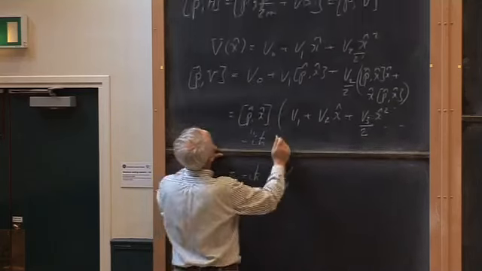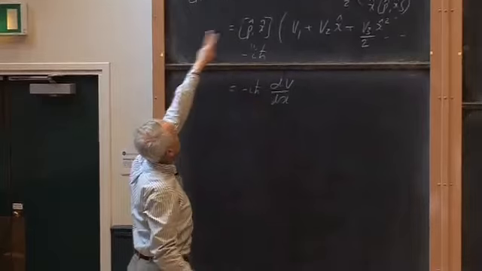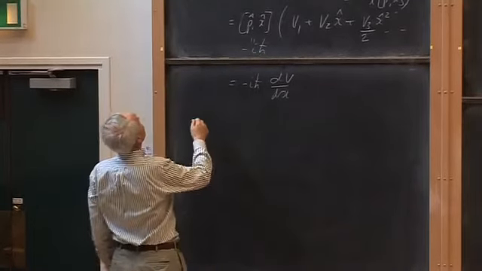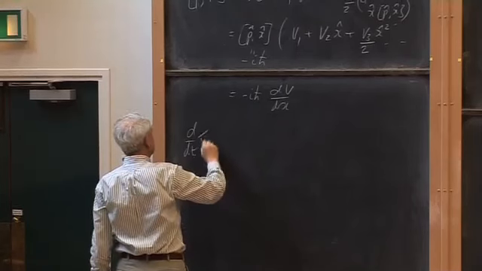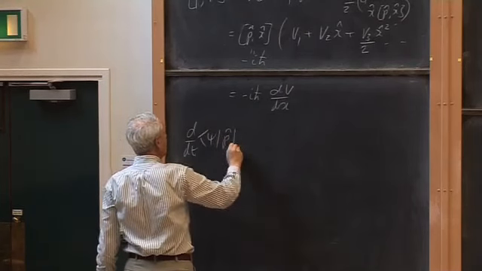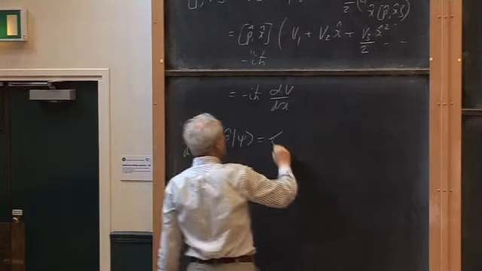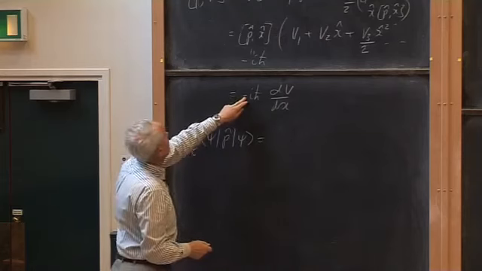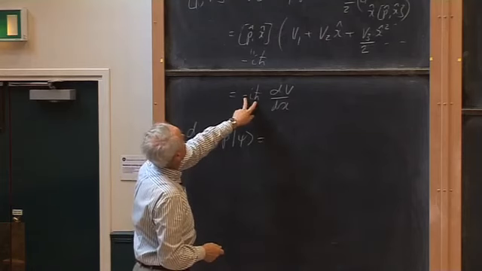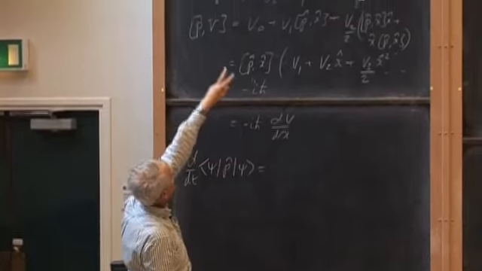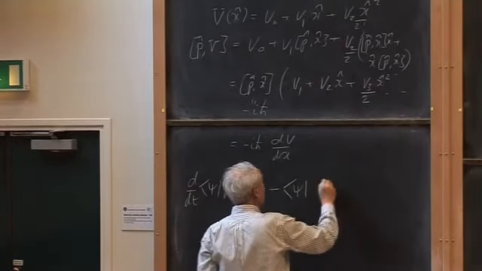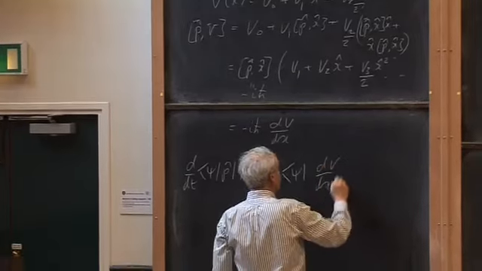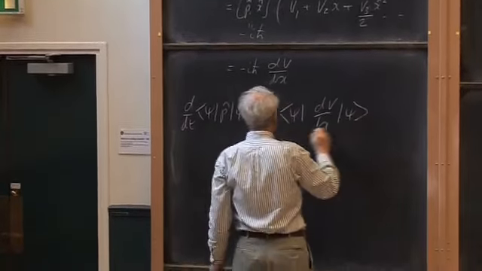So putting this commutator back into our equation of motion, we discover that d by dt, the rate of change of the expectation value of the momentum, is, since we pick up a minus sign from the minus i h bar and we want the commutator over i h bar, minus the expectation value of dV by dx.